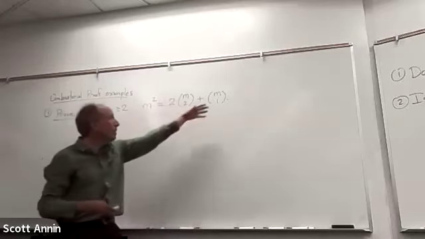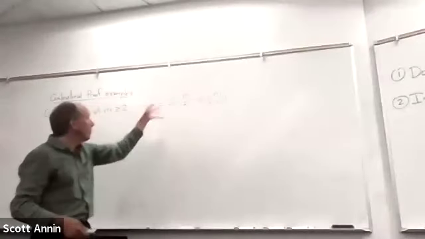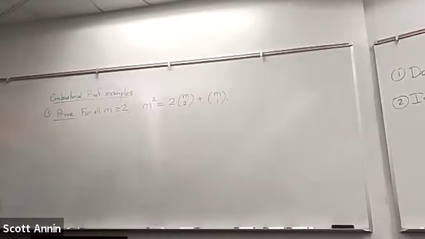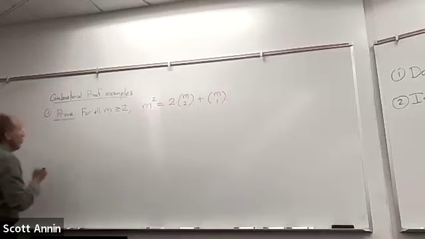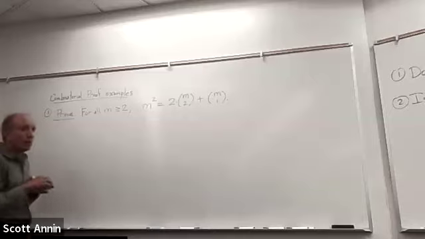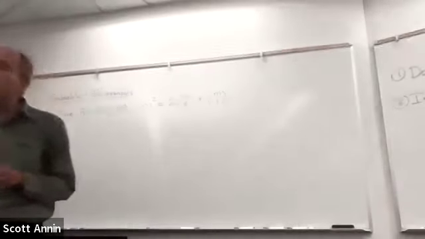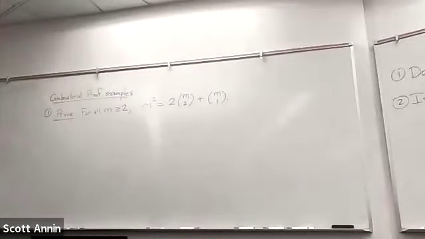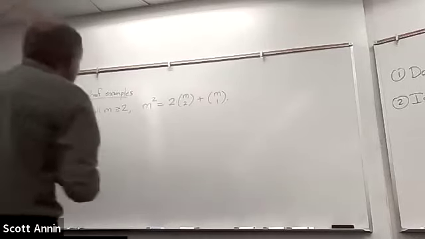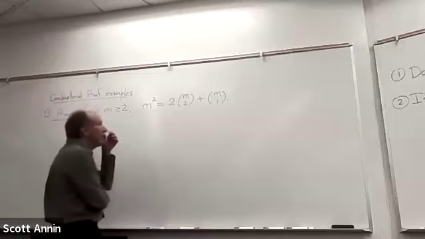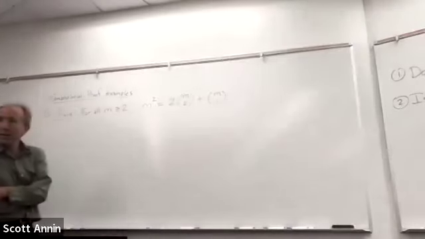M choose 2 has a formula, m choose 1 is just m, and you could literally just clean this up and you'd see that it works. But I would actually like to try to prove it using a combinatorial proof. So I'd like to think of something that I could count in two different ways. And I'm wondering if there are any thoughts about that here.